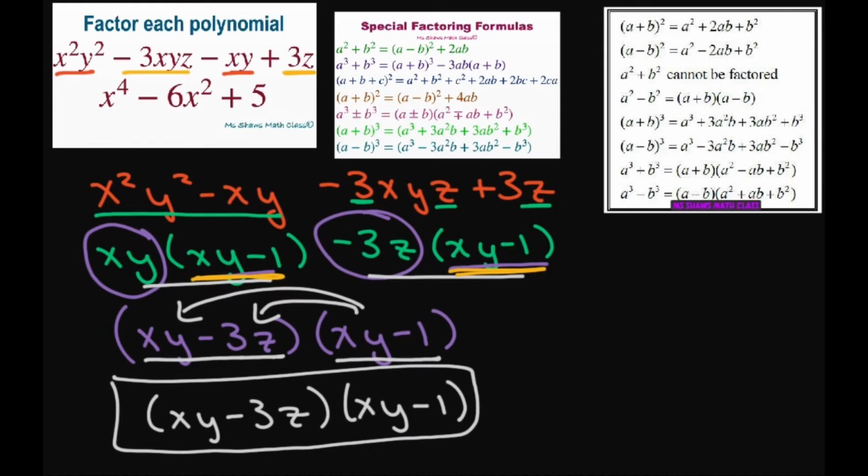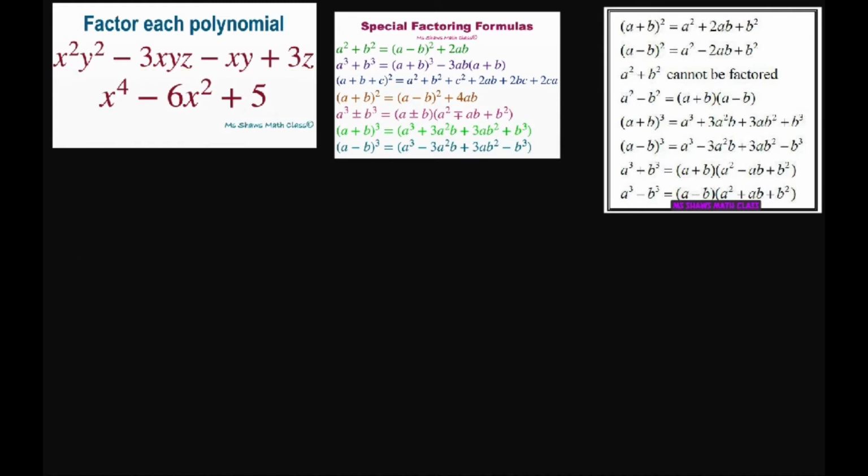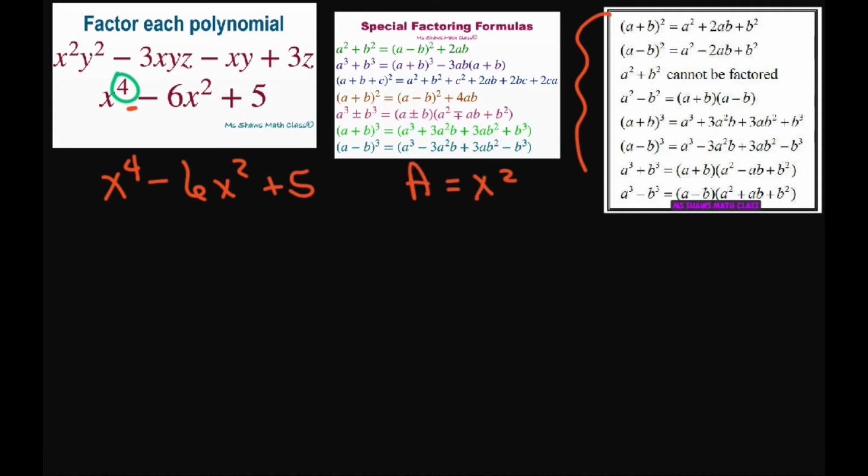Okay, the next one is a quartic equation or expression. It has an x to the 4th power. I know that can be kind of confusing because all our formulas are with squares. So basically, for this one, x to the power 4 minus 6x squared plus 5, if we just let a equal x squared and substitute in a for x squared, this is going to give me a squared minus 6a plus 5.